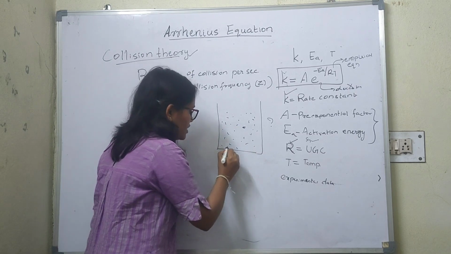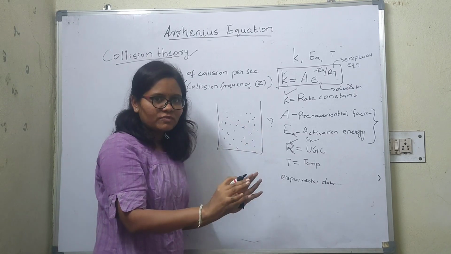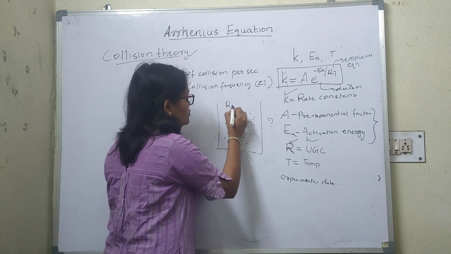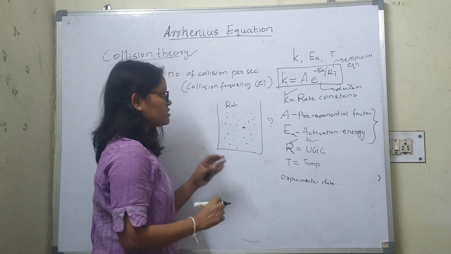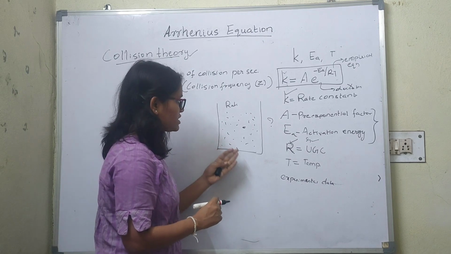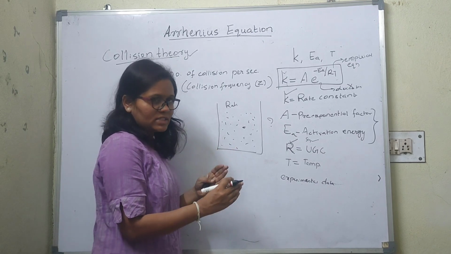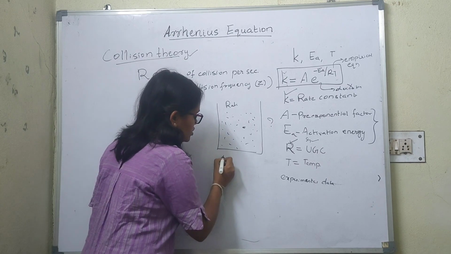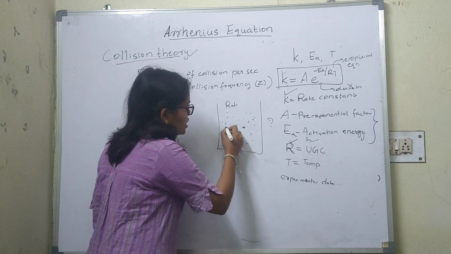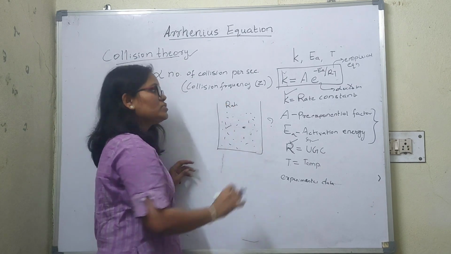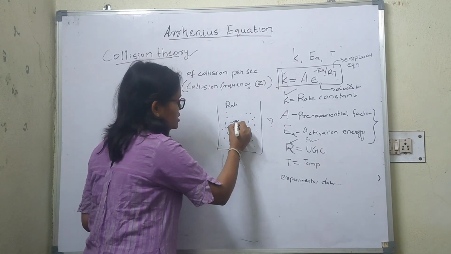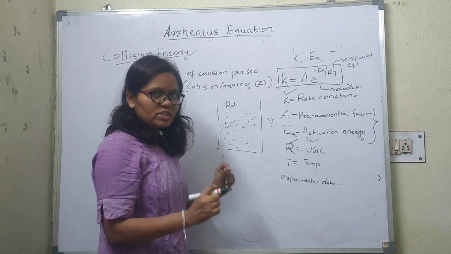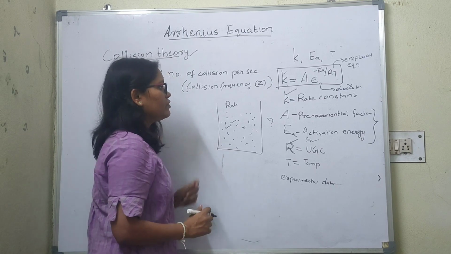Because if all the collisions lead to the formation of product, then rate of these reactions would be much faster. But experimentally, it is found that rate of gaseous reactions is not as fast as expected. Therefore, they came to a conclusion that all the collisions do not lead to the formation of product. There are certain collisions called effective collisions or fruitful collisions that will give you products.